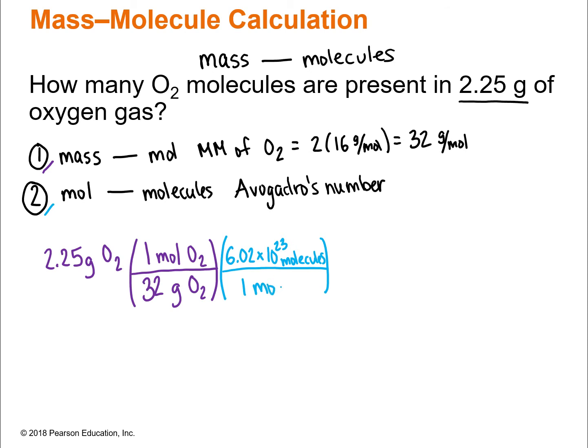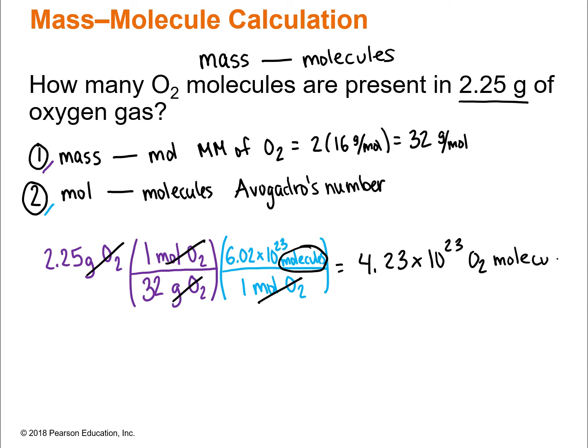In the bottom, we're going to put 1 mole of oxygen. At the end of the day, we're left with molecules, which is what we want. With sig figs, you should get 4.23 times 10 to the 23rd oxygen molecules.